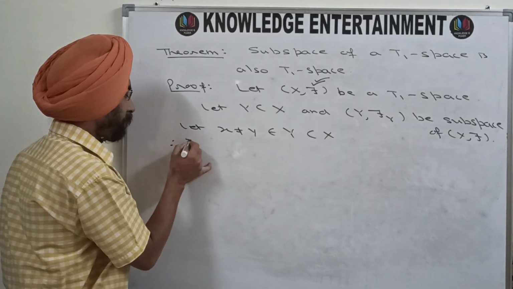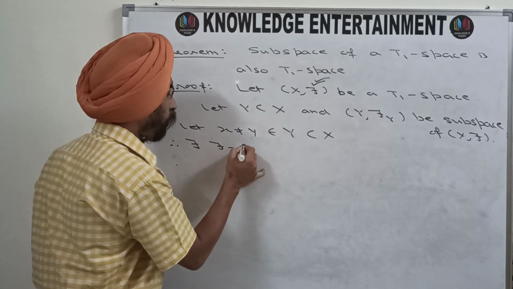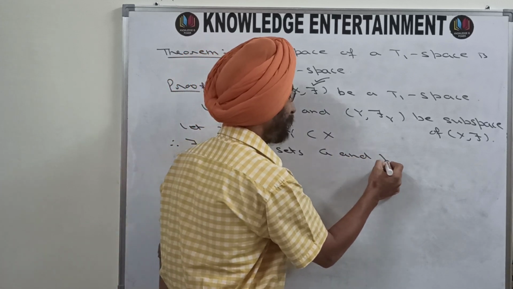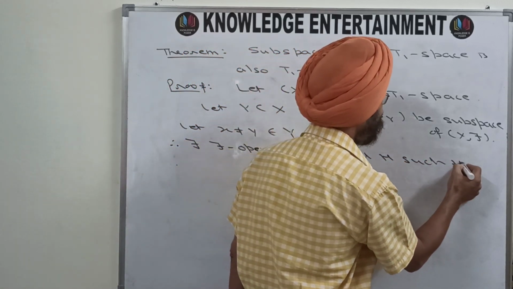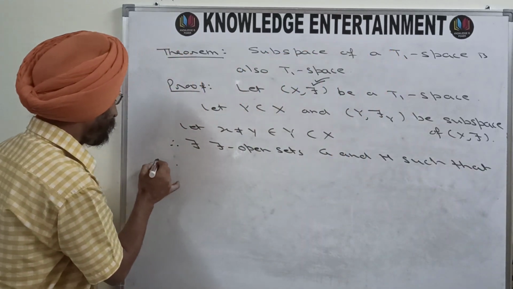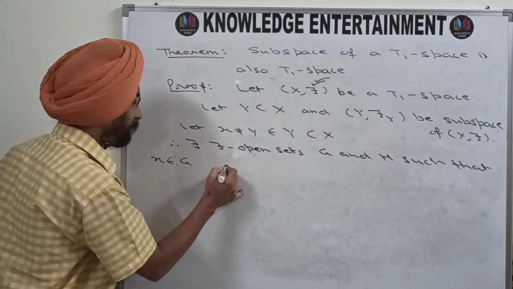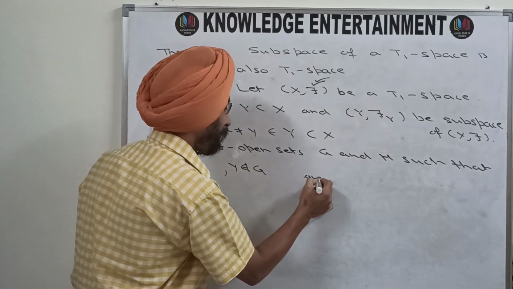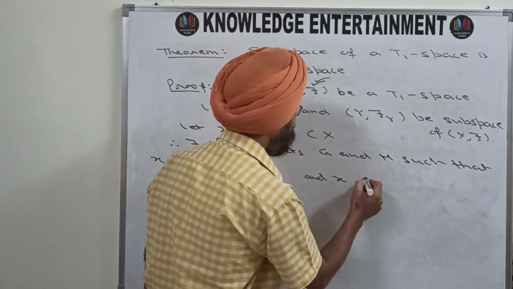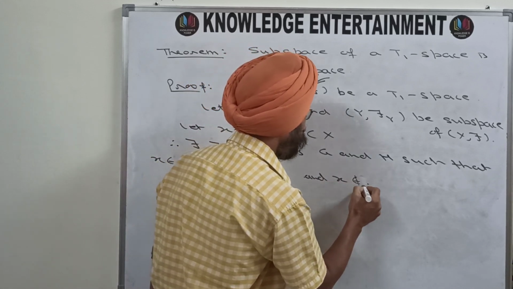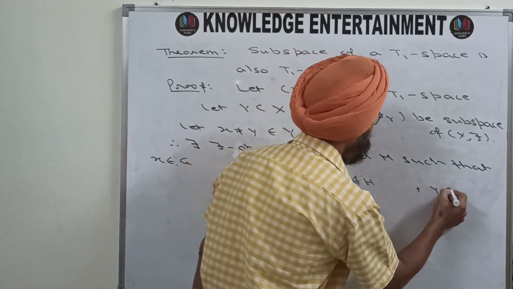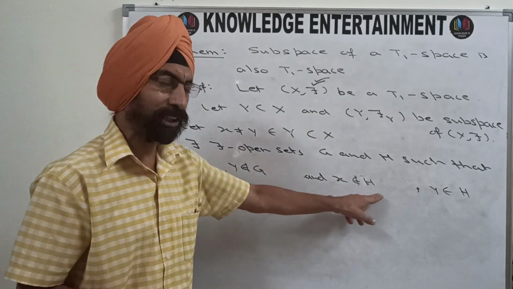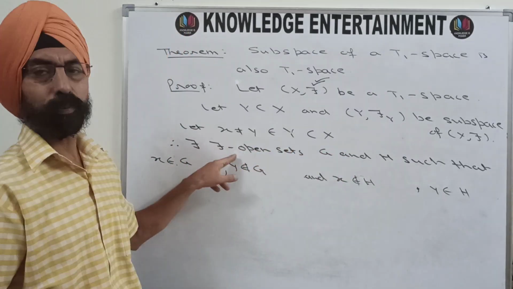Therefore, there exist tau open sets G and H such that x belongs to G, y does not belong to G, and x does not belong to H, y belongs to H. So here G and H are both tau open sets.